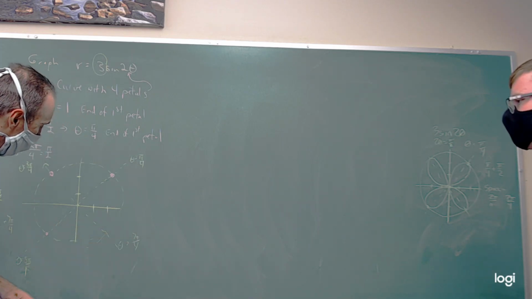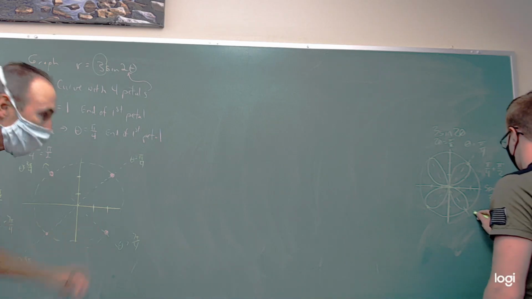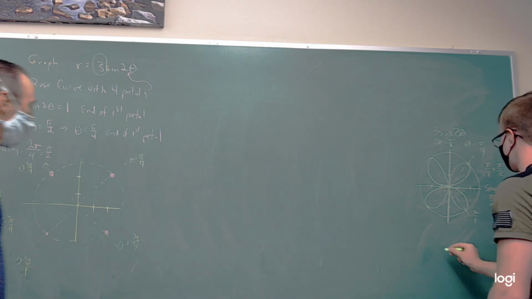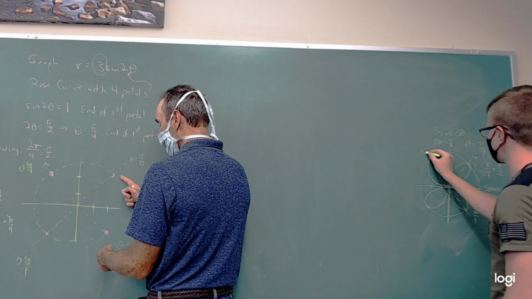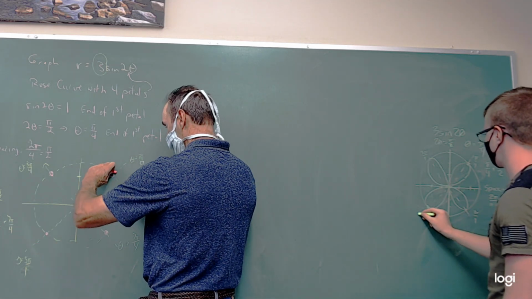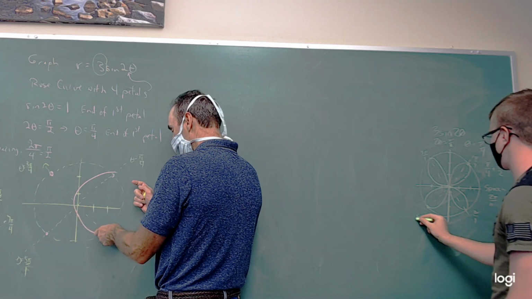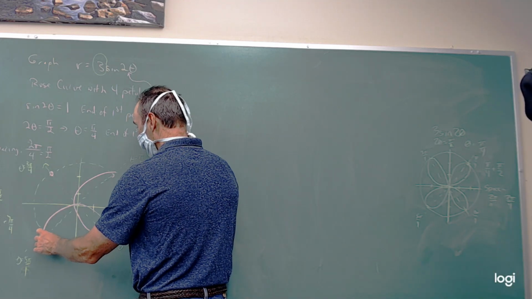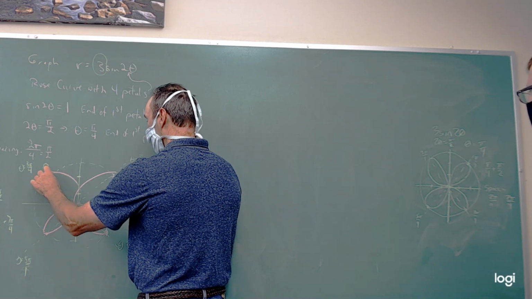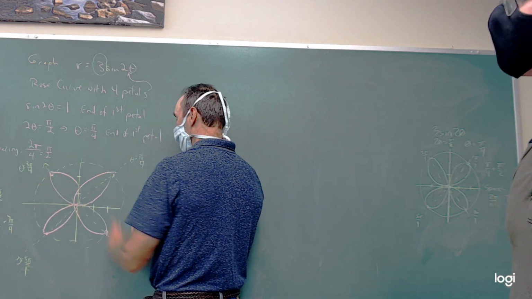If it's cosine, it's 0. And then you divide by the coefficient of theta. We start at the first one and go through the pole. Doesn't matter where you start as long as you end up in the same place.